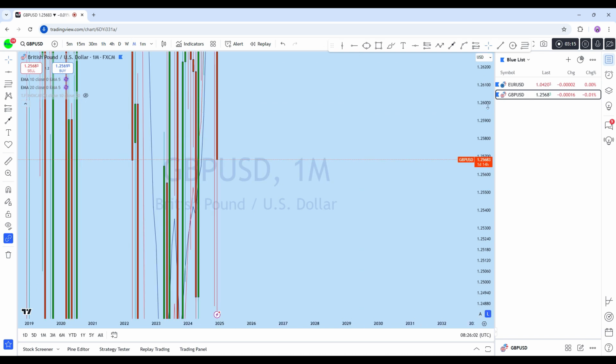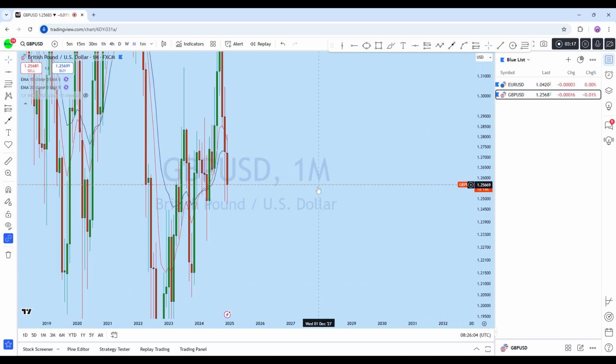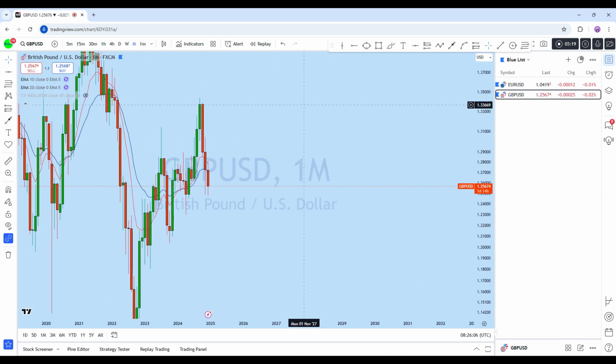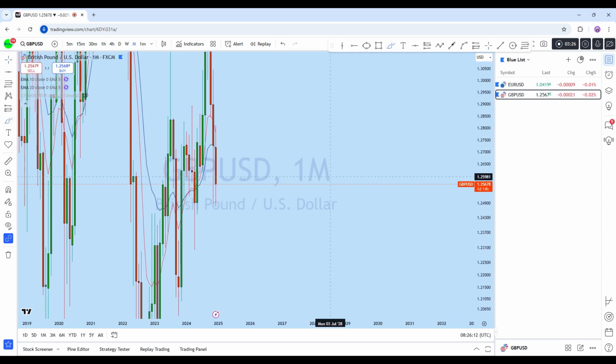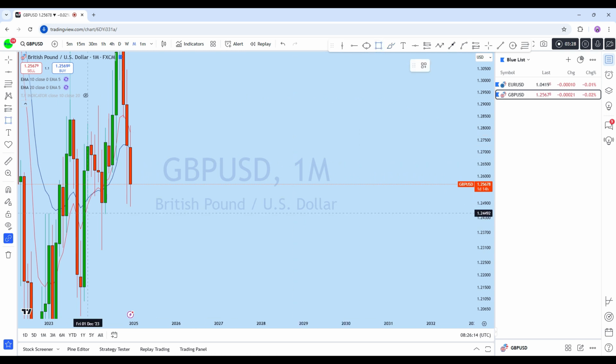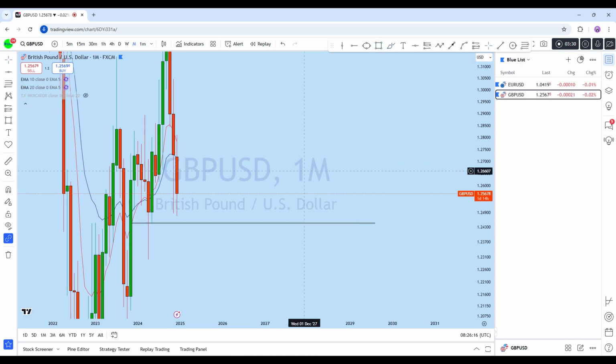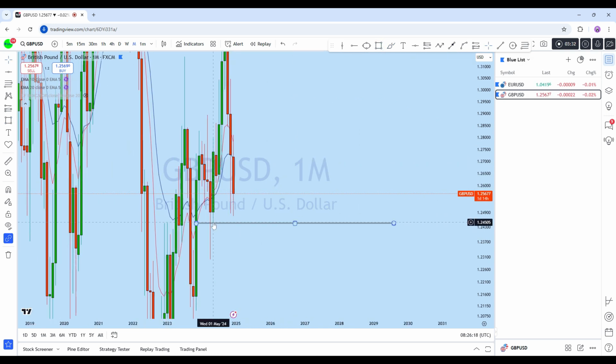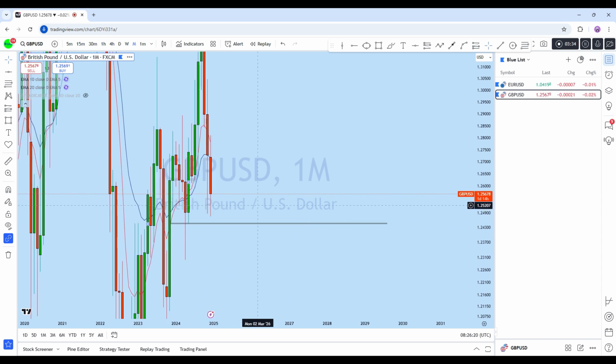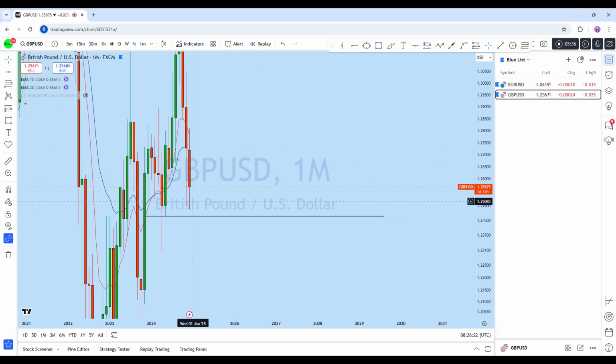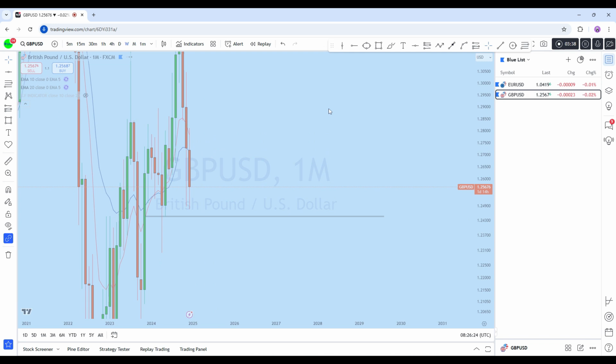Looking at the monthly chart again on GBP USD, this is the monthly resistance here. There is a massive drop in that area, and with that drop we expect GBP USD to drop further. The price is approaching that level, which is an important support level on GBP USD, so we can expect the market to come down and create a new lower low.